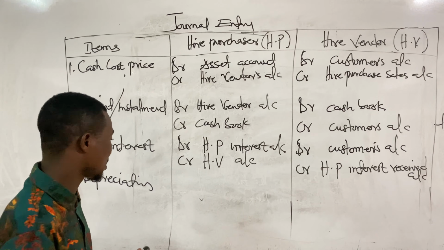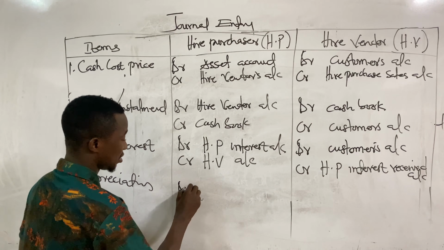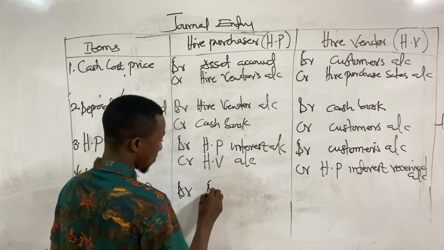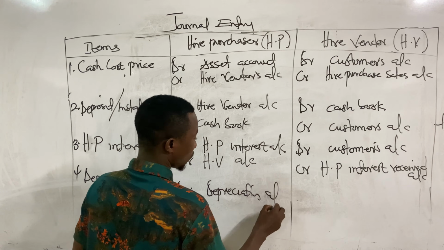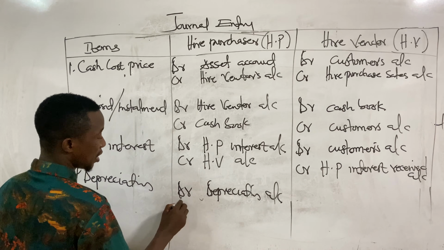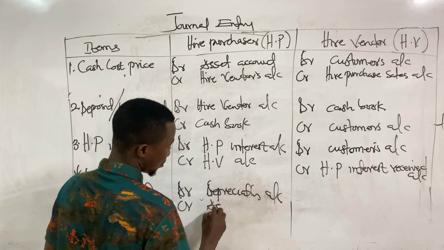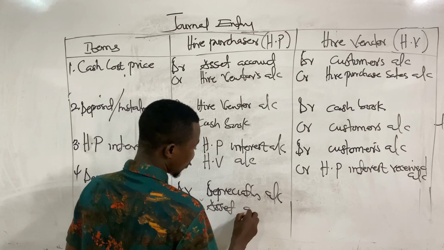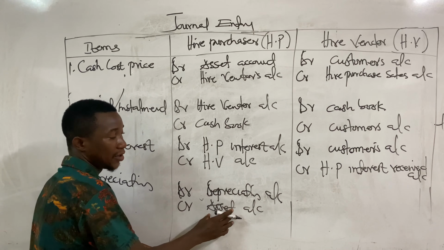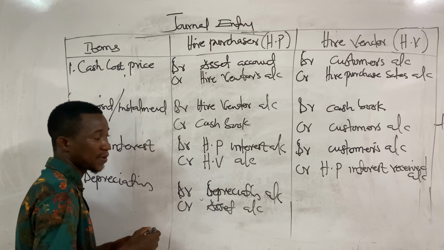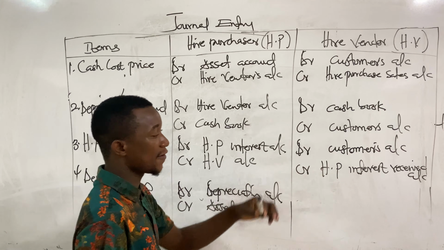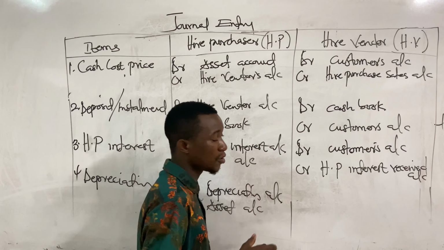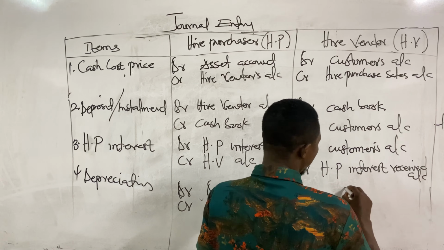We debit the depreciation account, then we credit the asset account to reduce the asset value. And the depreciation is an expense, so we debit depreciation account. But in the book of the hire vendor, because it is an item of sales, we will not treat depreciation.